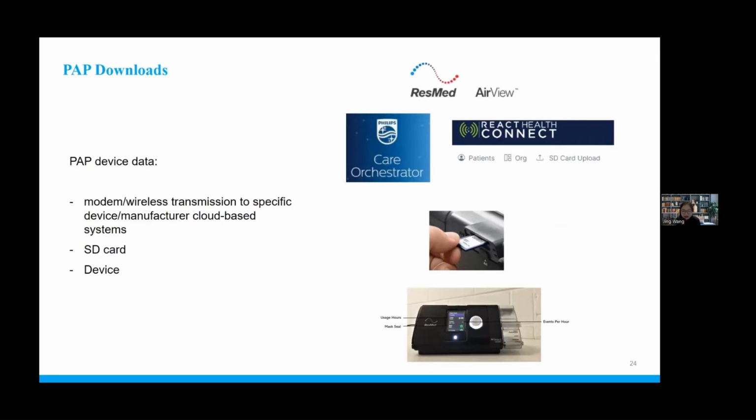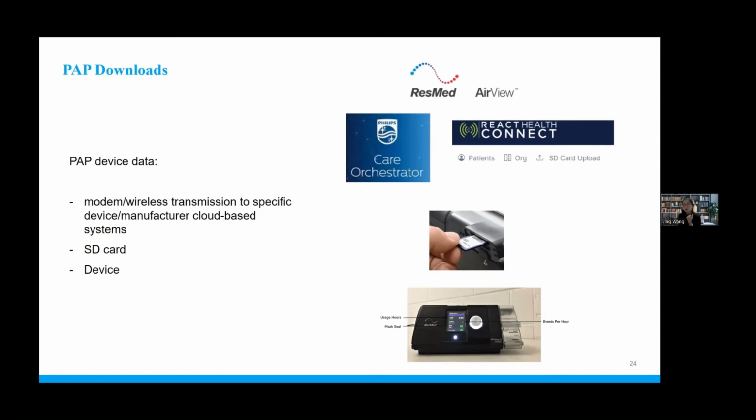So I'm going to go on to talk about, once the patient has been put on PAP, what now, right? So number one, we all know that it's important to have the patient come back for the compliance visit or for the download. I'll have some samples of what the PAP data looks like.